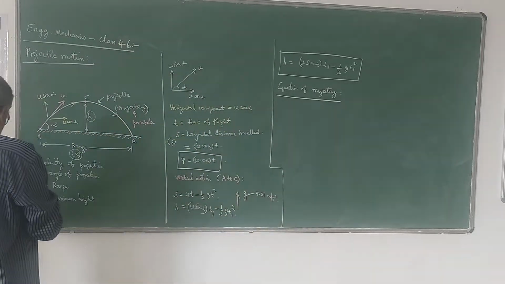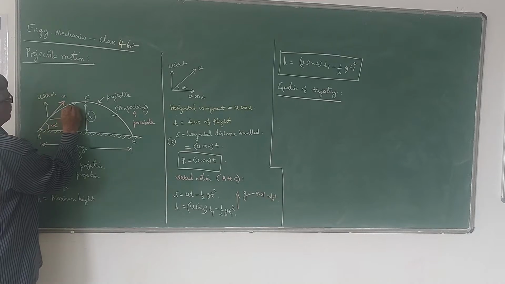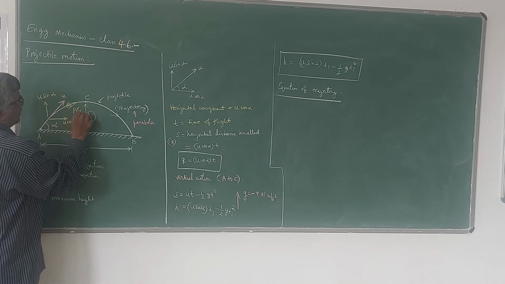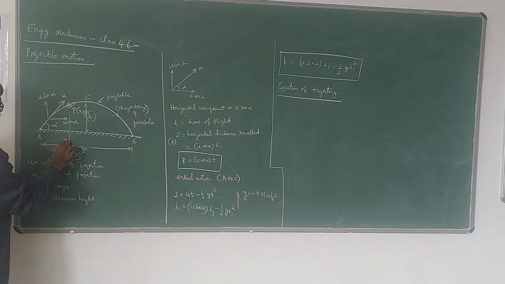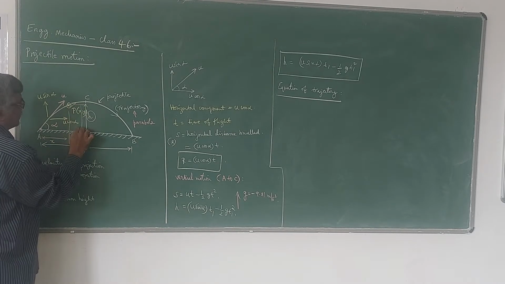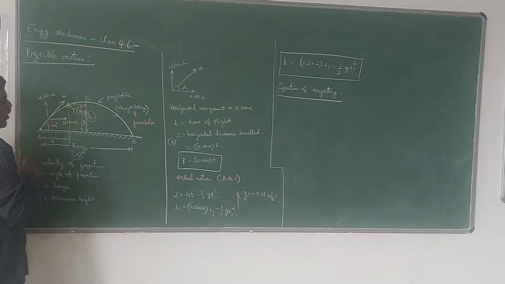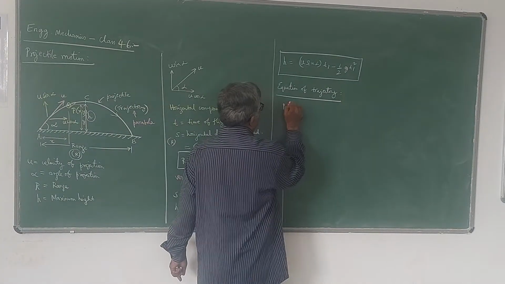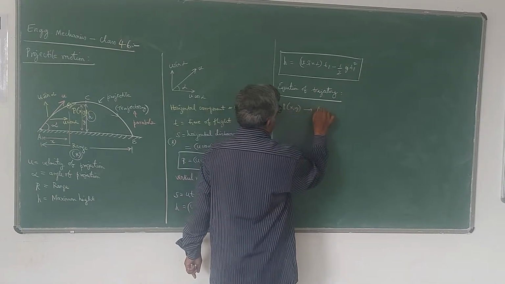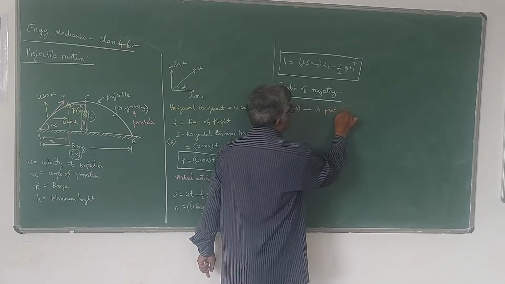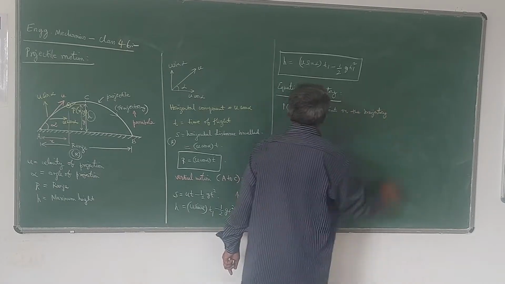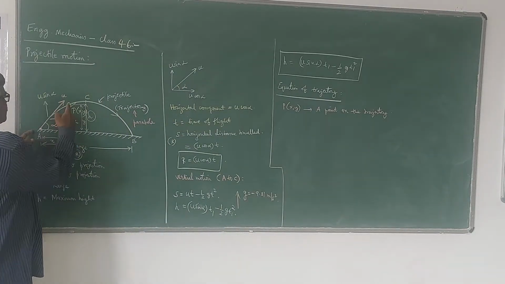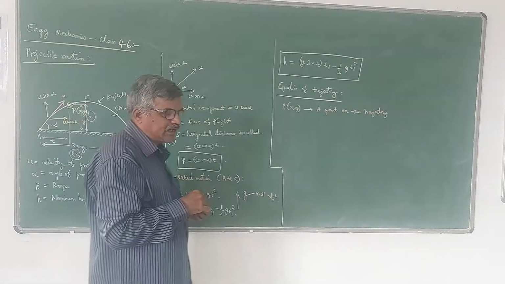I will consider a point P somewhere here on the trajectory. The distance from here to here is x, and the distance from here to here is y. So if I take a point P(x, y), a point on the trajectory, wherein x is this distance and y is this distance, P is any point on the trajectory.